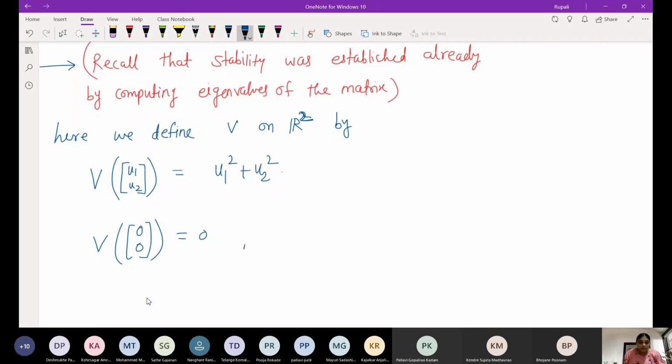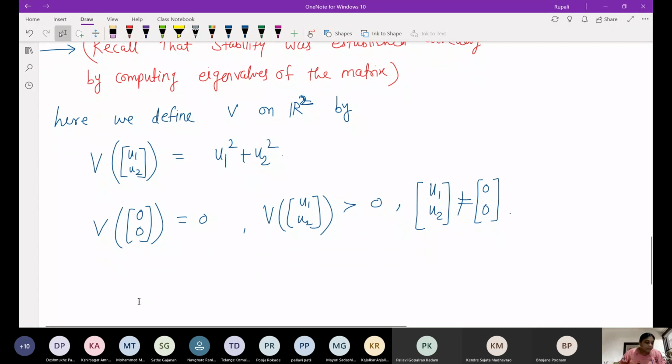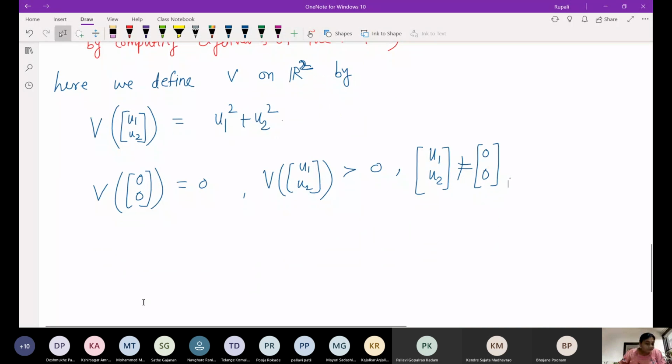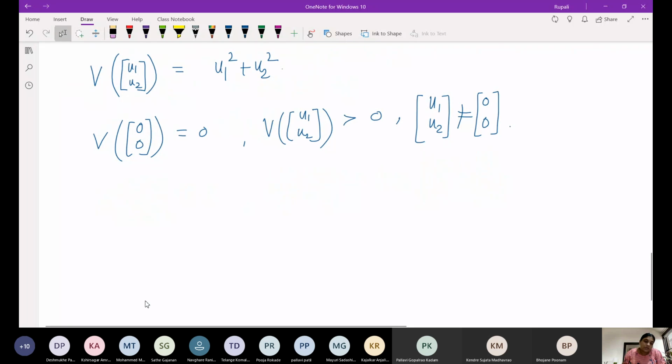So we will get V at U1, U2 is strictly greater than 0 whenever U1, U2 is not equal to 0, 0. And what extra condition?